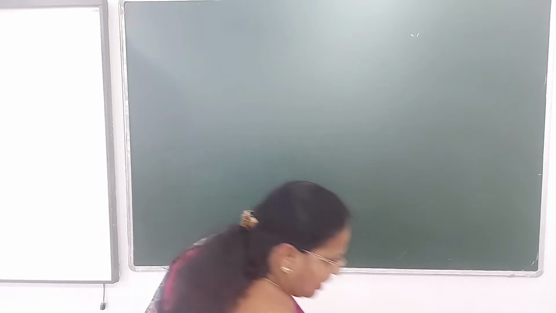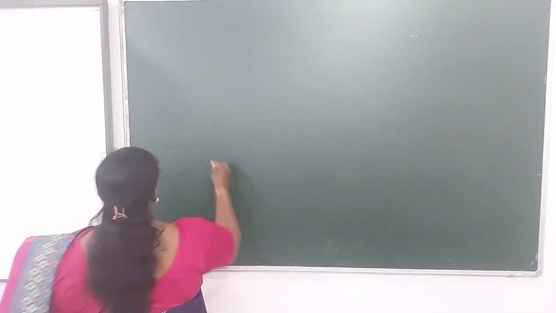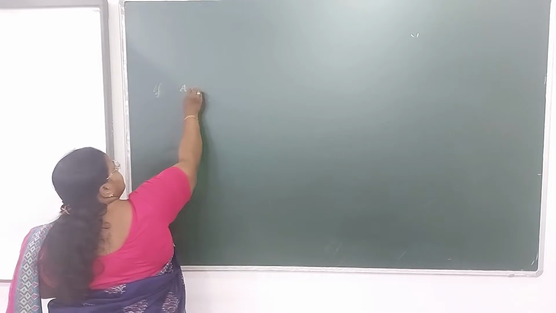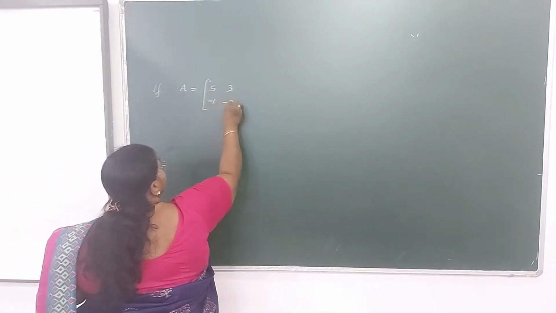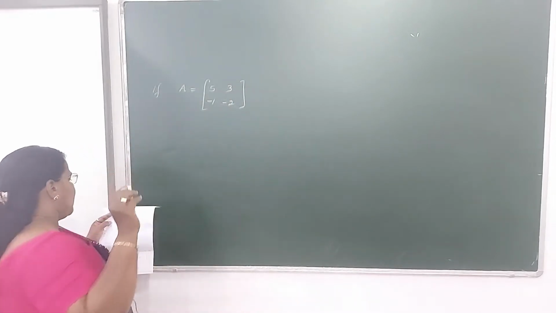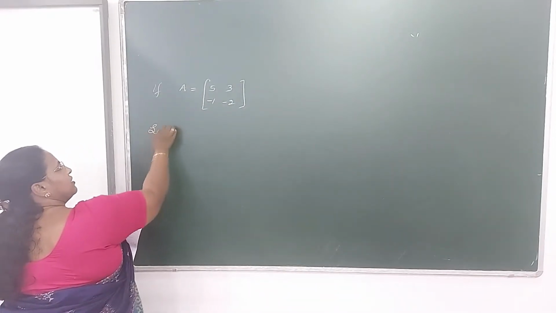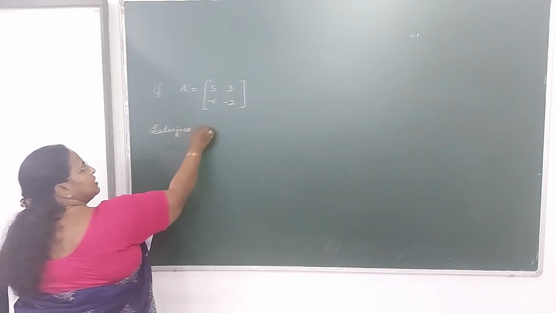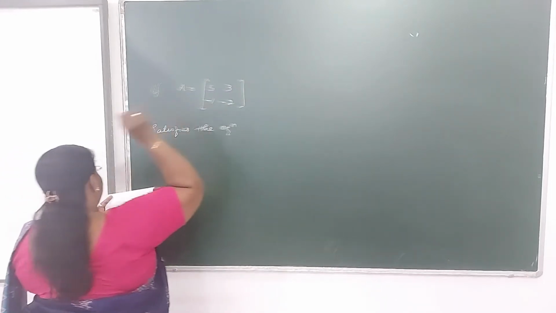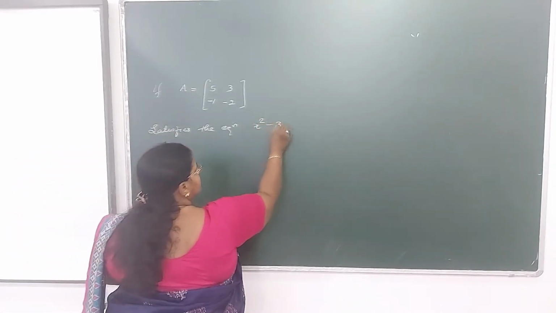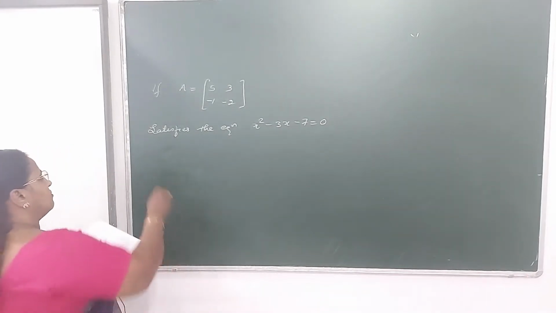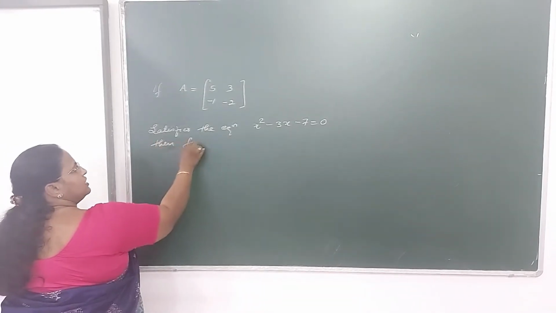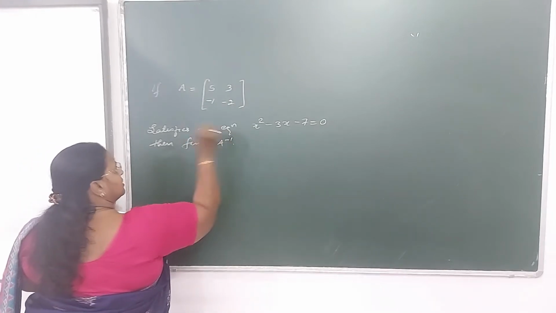Okay, the first question. If A is equal to the matrix 5, 3, minus 1, minus 2 satisfies the equation x square minus 3x minus 7 is equal to 0, then find A inverse.